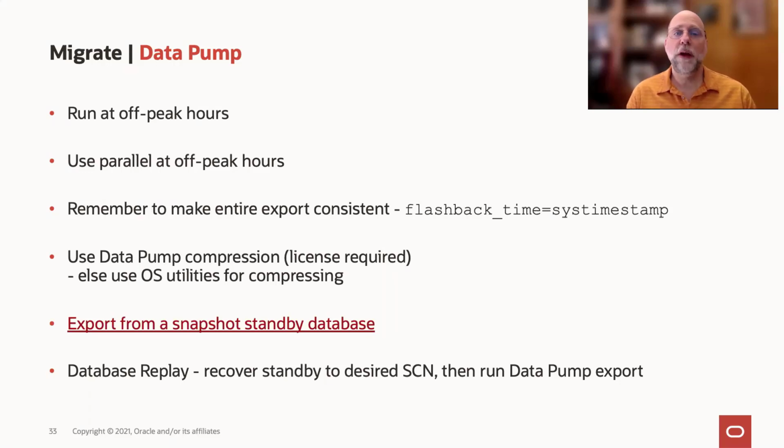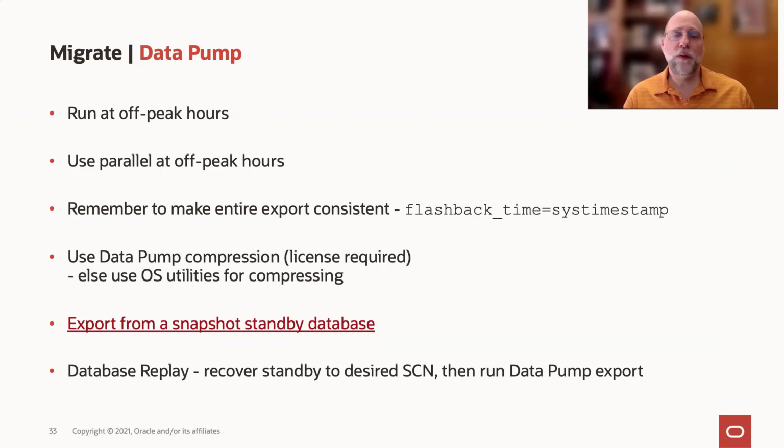That requires the Advanced Compression option, and it can give you a really good compression ratio and decrease the amount of network transfer time. If you don't have the Advanced Compression option, I suggest that you look into ZDM, Oracle Zero Downtime Migration. That's a utility that uses compression under the covers, and because we're providing that for you, when you're using ZDM, you don't actually need the compression option.